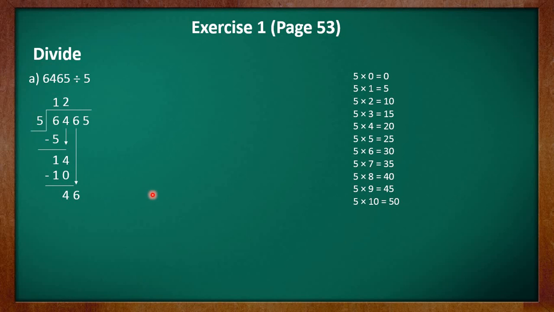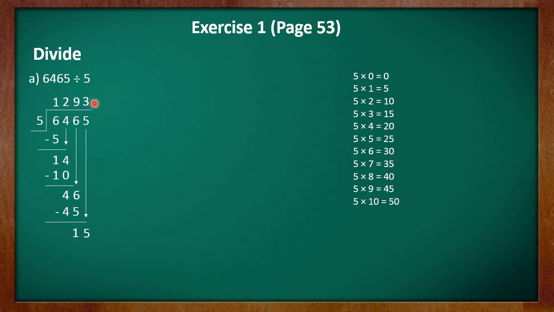Kids, in the table of 5 we have 45 at 9. So we will write 9 as quotient and 45 under 46. On subtraction, we will get 1 as remainder, and we will bring this 5 down now. So this number becomes 15. Kids, we know that 5 3s are 15.